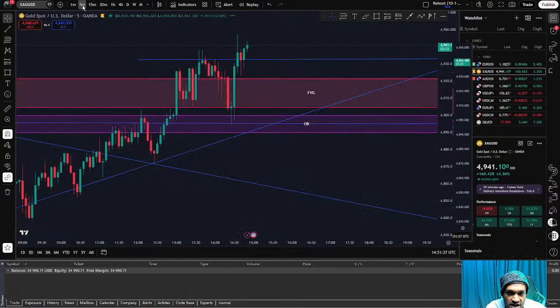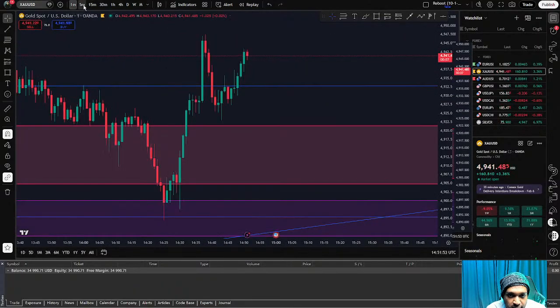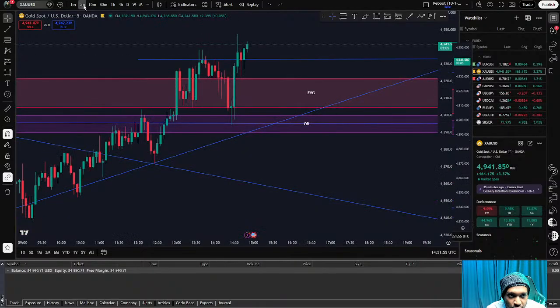Because for this rejection already, from 4894, it's already close to almost 500 plus pips already, bro. 500, 600. So for people who are scalping or hedging, this is good for them.